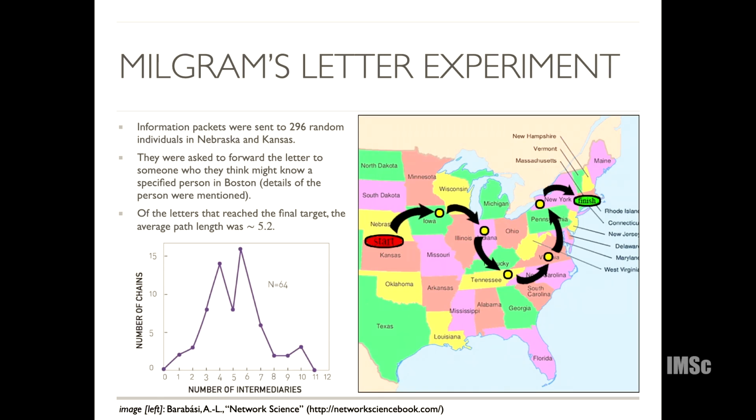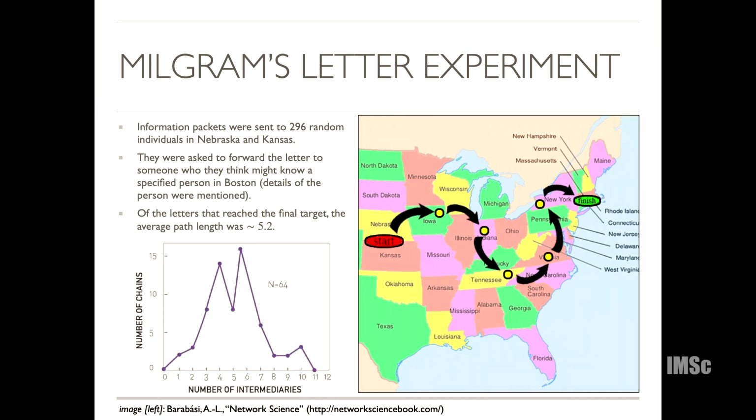The same package has the same instructions, so the person who receives it has to do the same thing: okay, this is the person in Boston, who do I send it to? What he wanted to check was how many steps are needed, and every time it got sent, it was marked: step 1, step 2, and so on, until it reached the target.